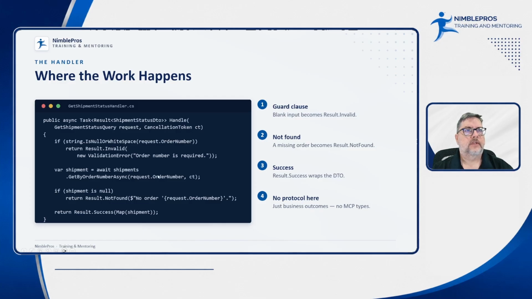So, if we've got success here, we just return that as part of the DTO with the result.success. And again, if it's invalid, if it's not found, whatever it might be that the issue is, make sure that you're including specific information on what the problem is.